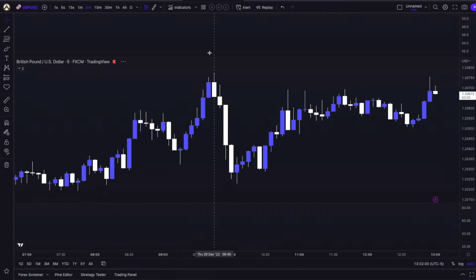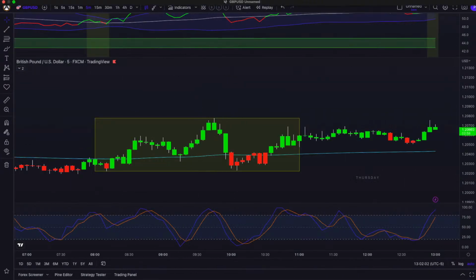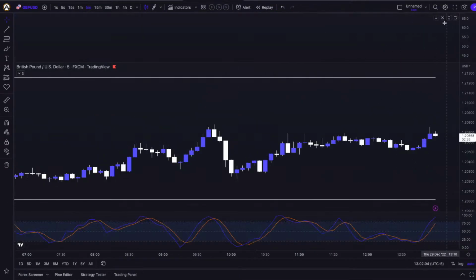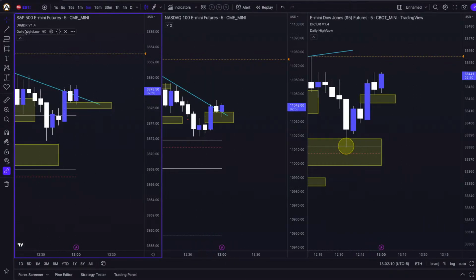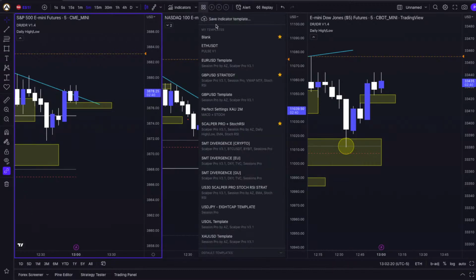You can, for example, create a template for the DR IDR with the previous day high low indicator and a kill zone indicator, whatever you're using on a daily basis. Simply save it with the indicator template tool right here, and to get them into your bar, you simply have to favorite them.